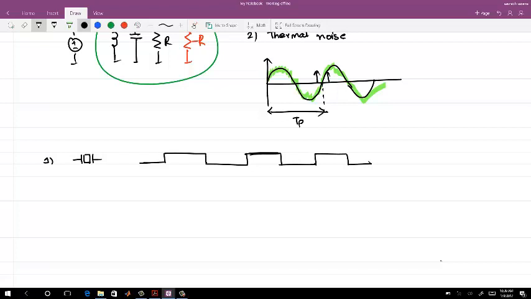Even if it appears that they are not periodic on the screen, assume they are periodic. This is the time period of the crystal, and I want to generate a clock which is twice the frequency of the crystal frequency. This is what I want, the desired.